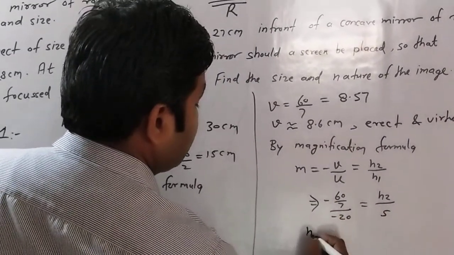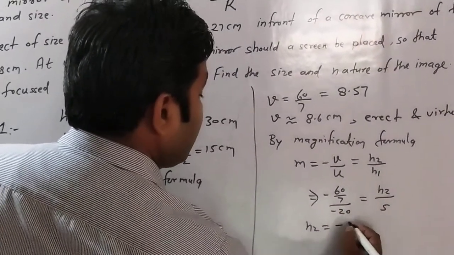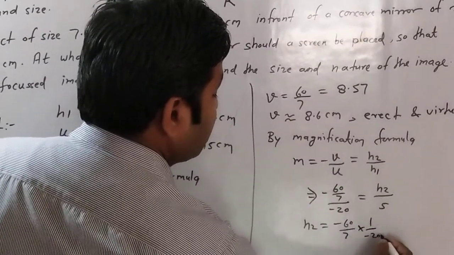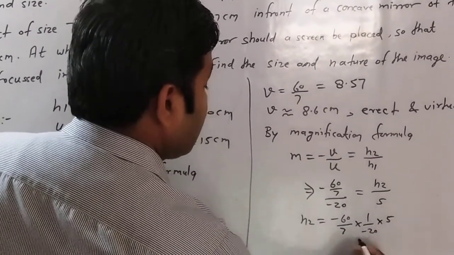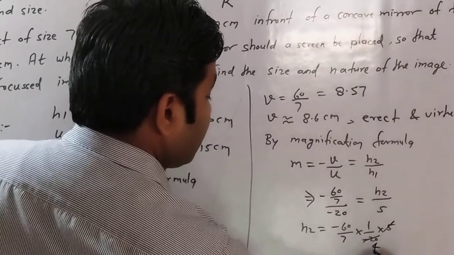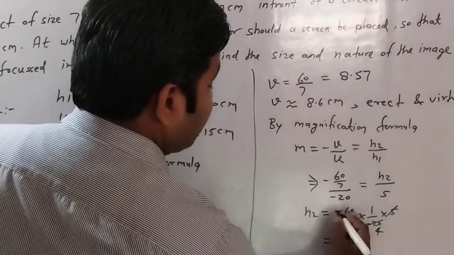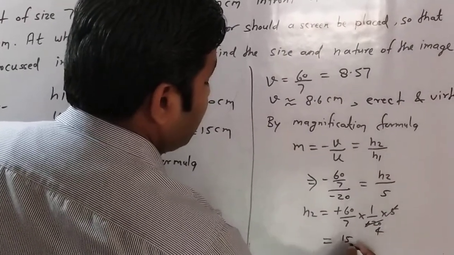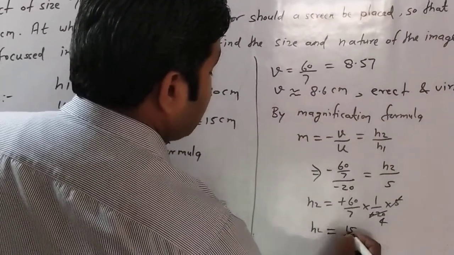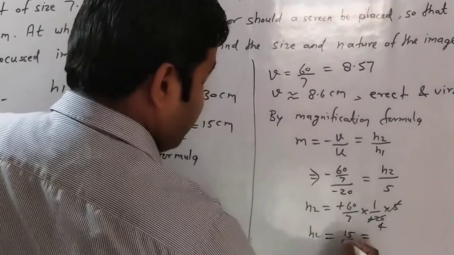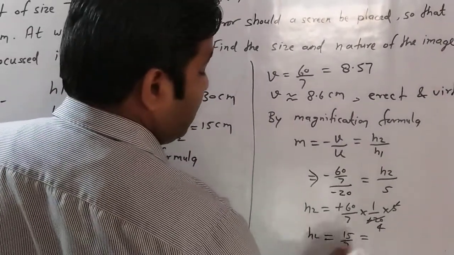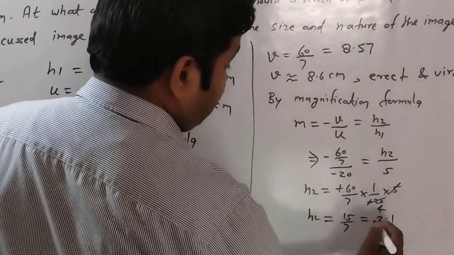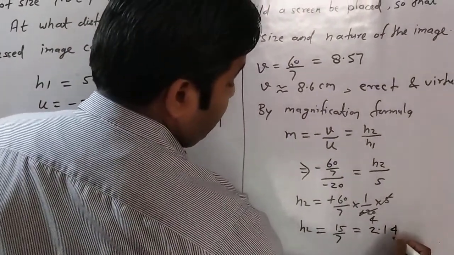Then h2 is equal to minus 60 upon 7 into 1 upon minus 20 into 5. 5 fours are 20 and 4, the minus minus becomes plus, so they cancel out, and 4 fifteens, 15 upon 7. h2 is equal to 15 divided by 7. 7 twos are 14, 1 remaining, then 7 on 7, 3 0, 7 fours are 28.